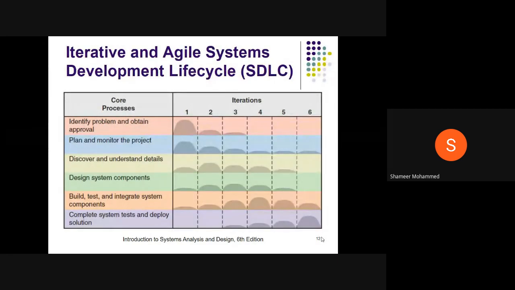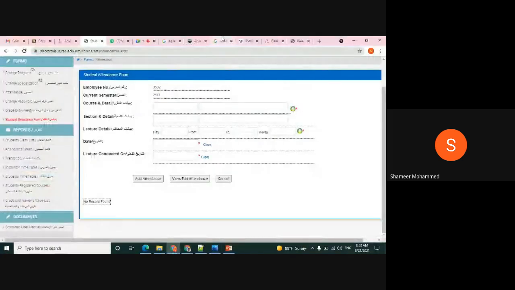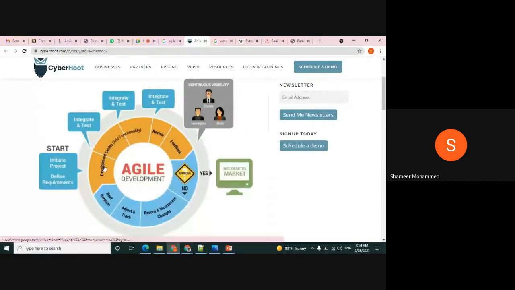The iterative and agile systems development life cycle. See, these are iterations: first iteration, second iteration, third iteration. Three times you are repeating the process, identifying the problem and obtaining the approval. Next iteration, so you are repeating.